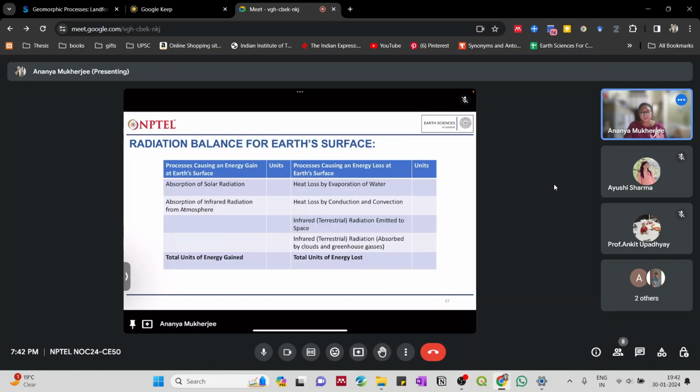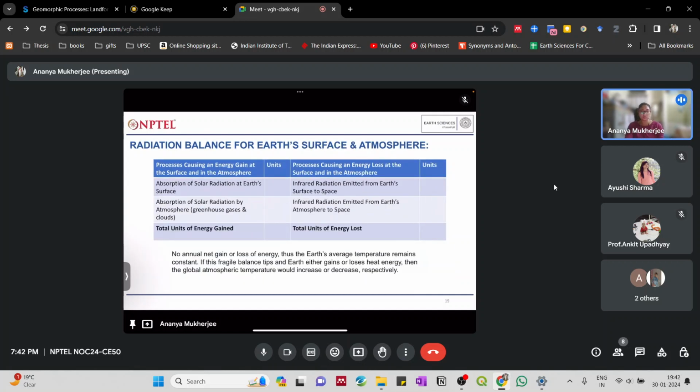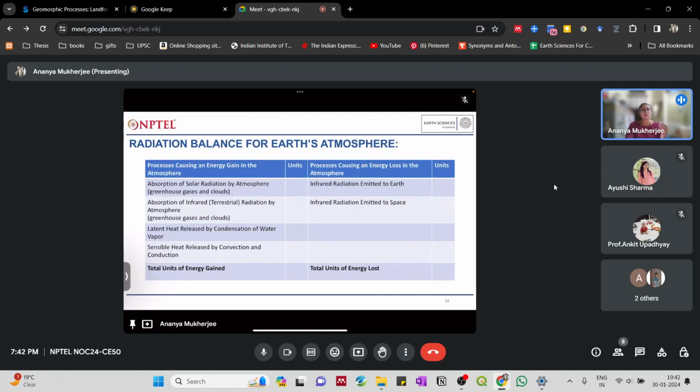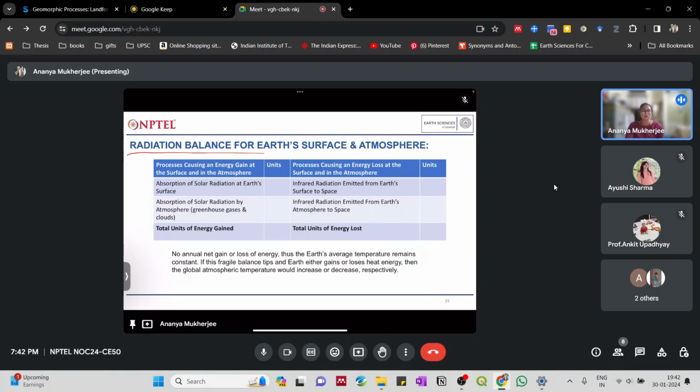Now this is an exercise for you. These slides will be uploaded later on by the NPTEL team. So you all can solve this as per all the units that I have mentioned in the content. There are three slides where you try to understand the radiation balance for Earth's surface, radiation balance for Earth's atmosphere, and then a total radiation balance of Earth's surface and atmosphere.